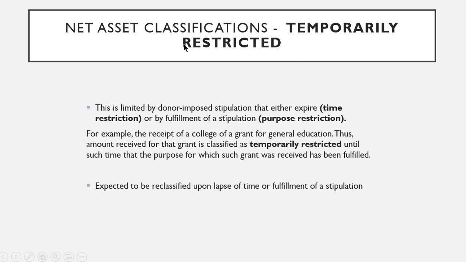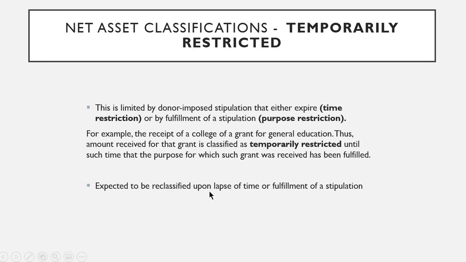Now, if the net asset is temporarily restricted, it is limited by a donor-imposed stipulation that either expires, in which case it is time restricted, or is met by fulfillment of a stipulation, in which case it is a purpose restriction.